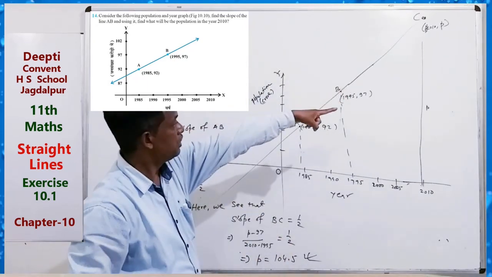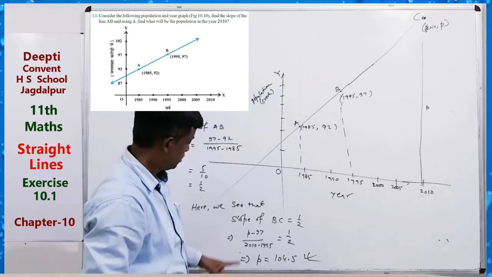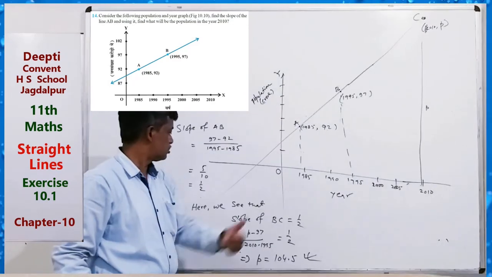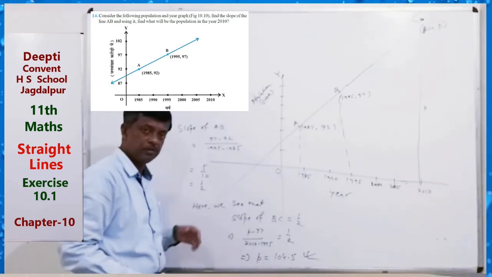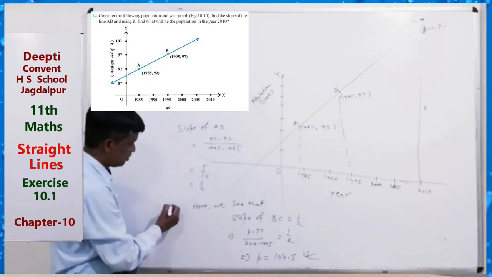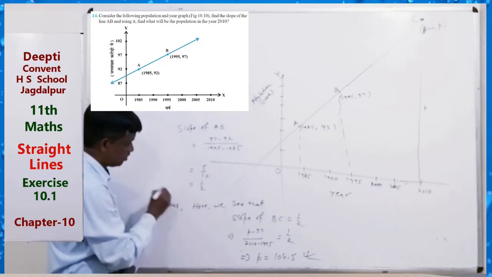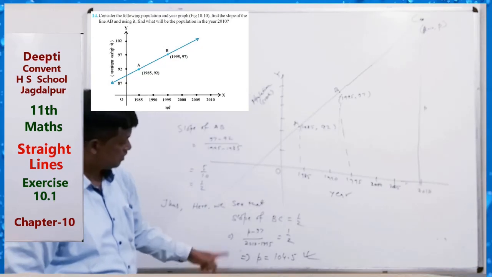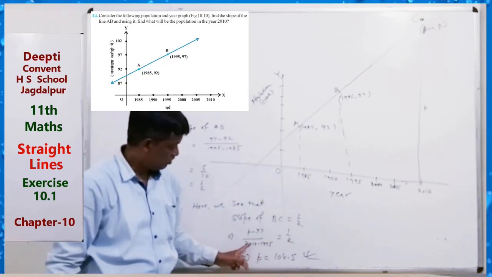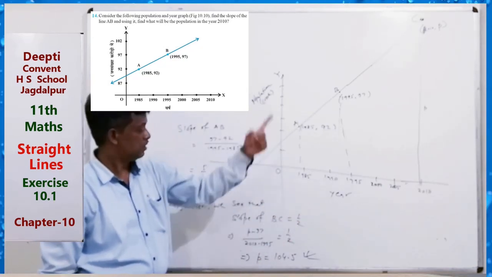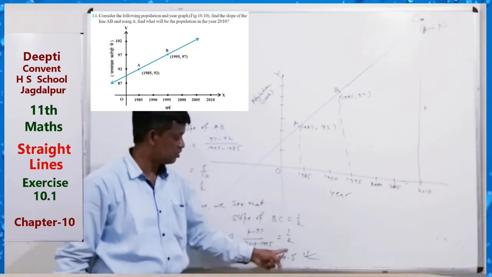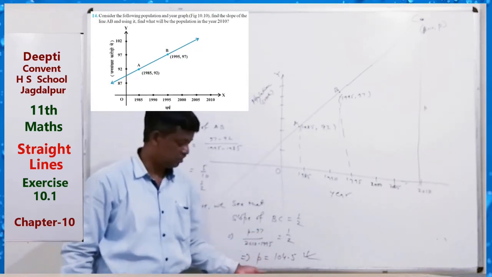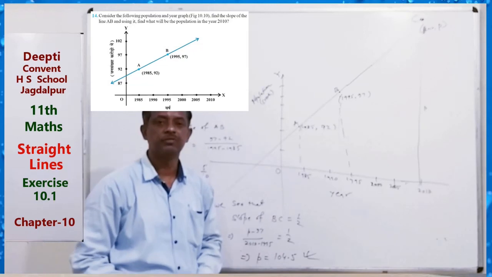How can you find P? The slope of BC, y2 minus y1 upon x2 minus x1, equals half. Just solve it, you get P equals 104.5.